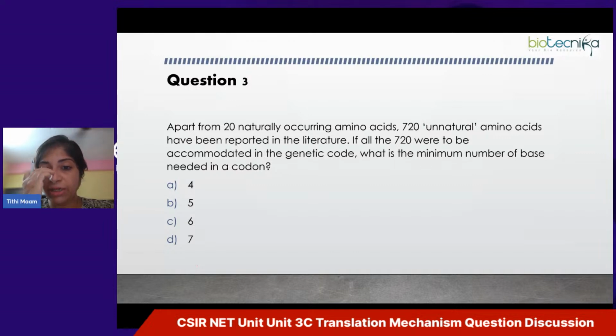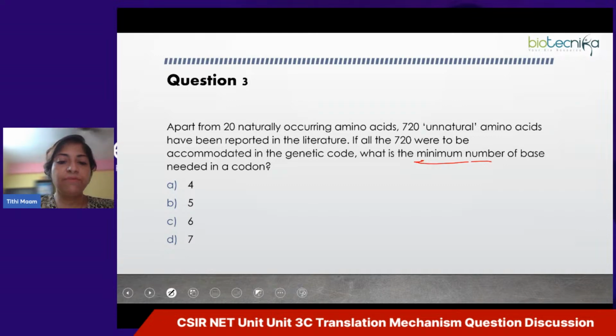If all the 720 were to be accommodated in the genetic code, what is the minimum number of bases needed in a codon? Yes, I want you to answer also.